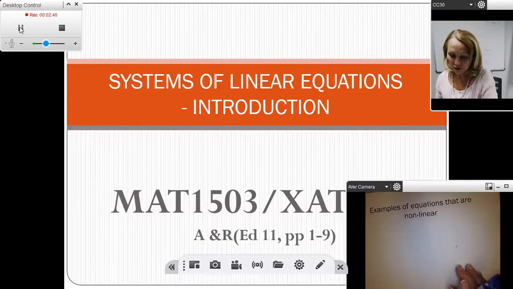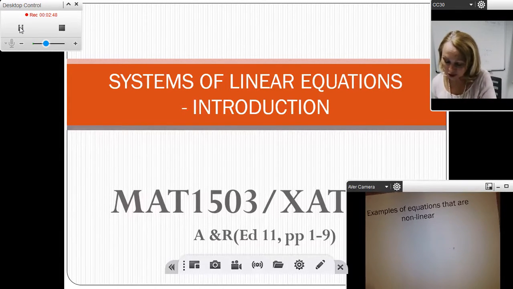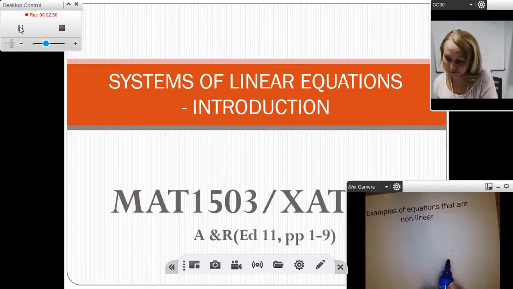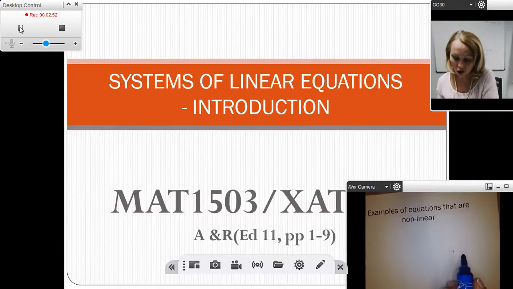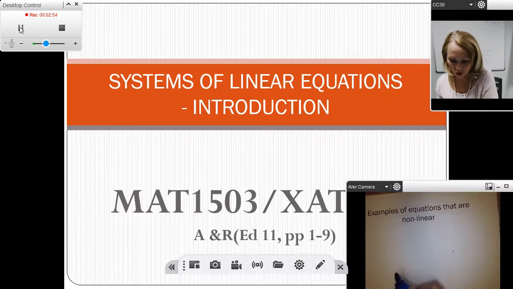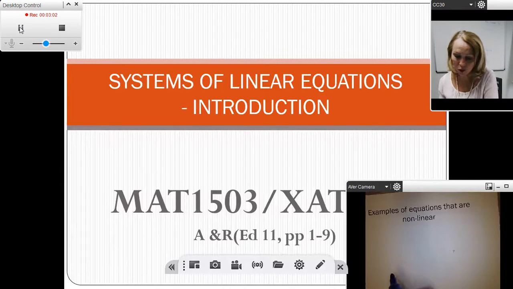In your first assignment, we also ask you to classify whether equations are linear or non-linear. So let us have a look at when certain equations are non-linear. First of all, as I've mentioned, all the variables have to occur to the first power.